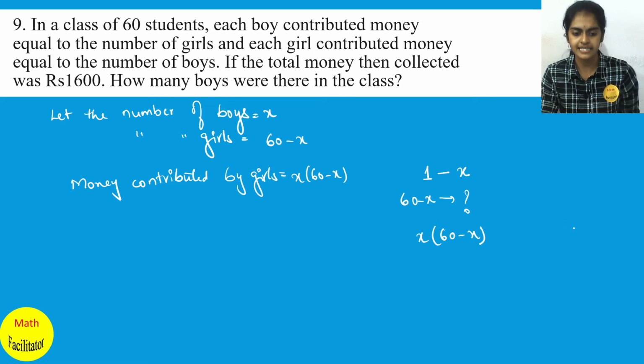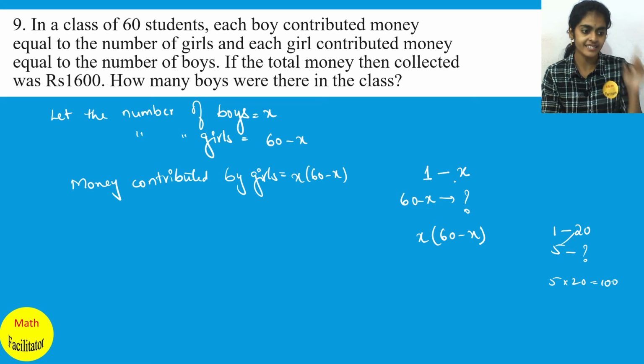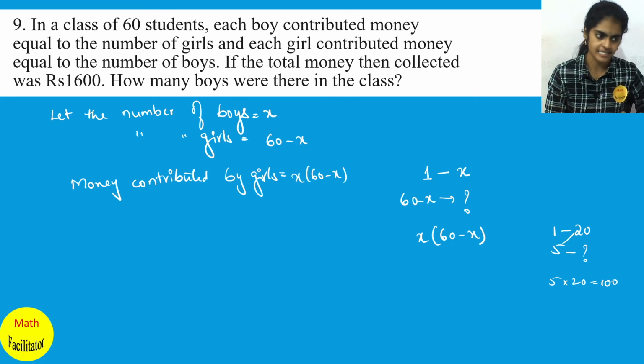Suppose one girl is contributing 20 rupees and there are 5 girls. So in total how much money will you get? 5 into 20, 100 rupees. The same thing: one girl is contributing X rupees, equal to the number of boys, and you have 60 minus X girls in the class. So the total amount is X into 60 minus X.